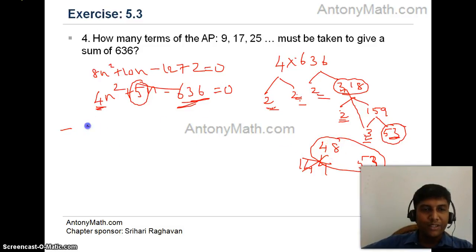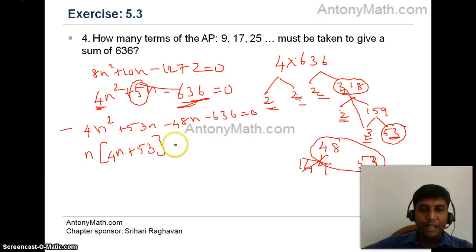So I just need to substitute them as 4n square plus 53n minus 48n minus 636 equal to 0. So taking n common, I have n into 4n plus 53. Taking 12 common, minus 12 into 4n plus 53 equal to 0.